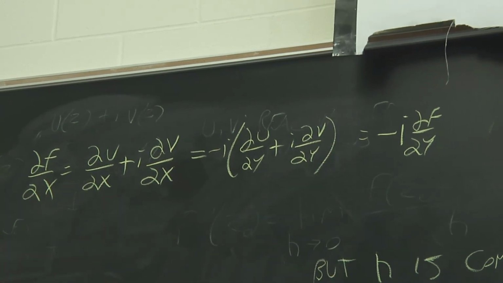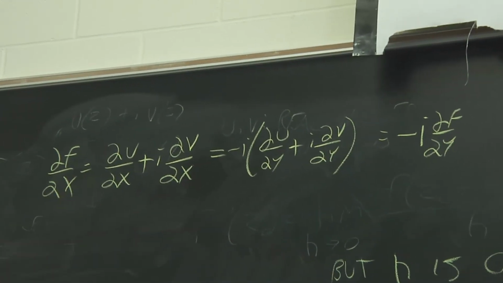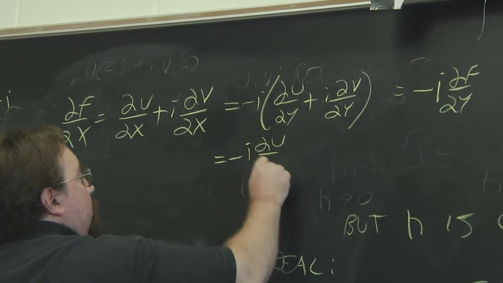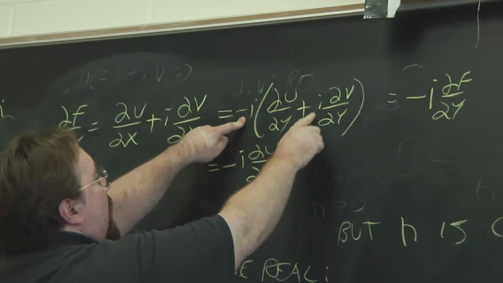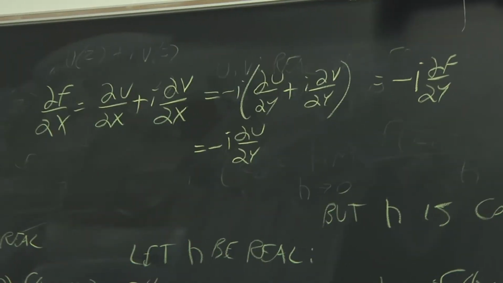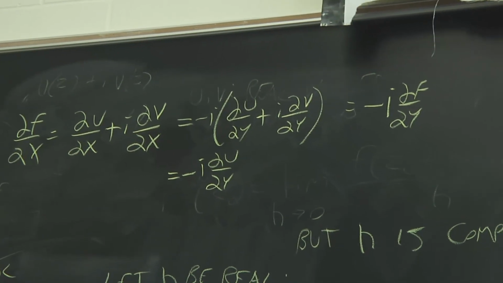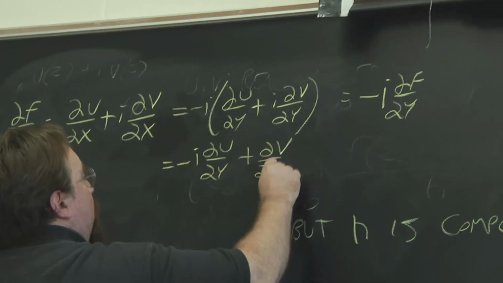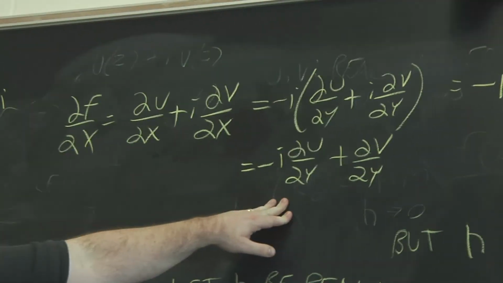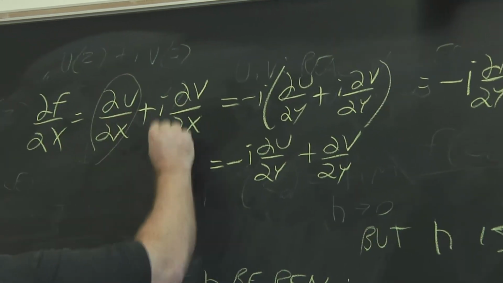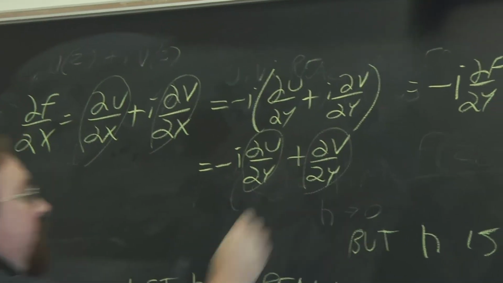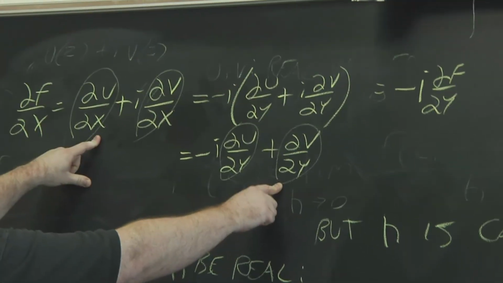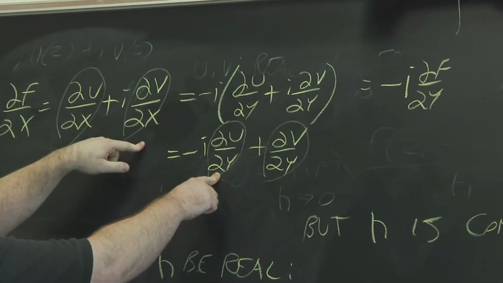So these have to match. So now, this is equal to minus i partial of u with respect to y. And then here we have minus i times i, that's i cubed times i, that's i to the fourth, which is 1. So we get plus partial of v with respect to y. So these two have to be equal. But all of these partial derivatives, they're all real. So you have to match real parts to one another, imaginary parts to one another.